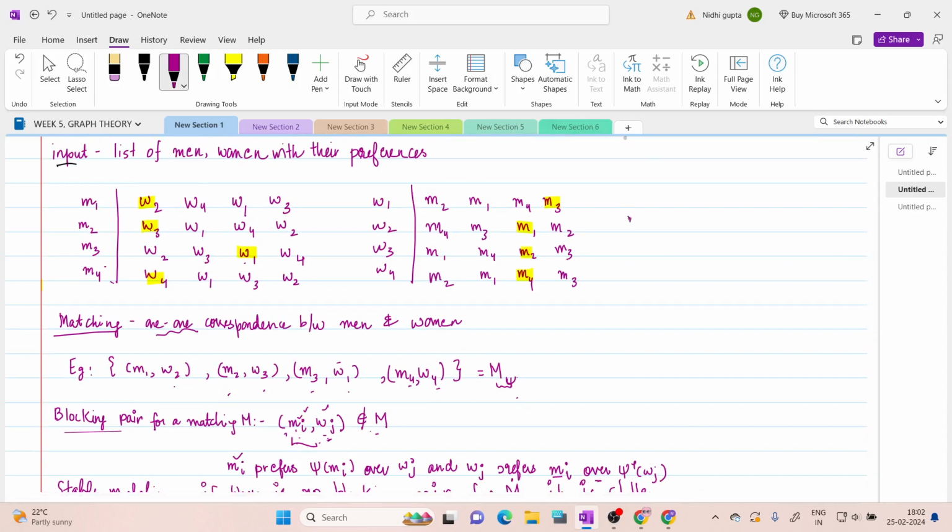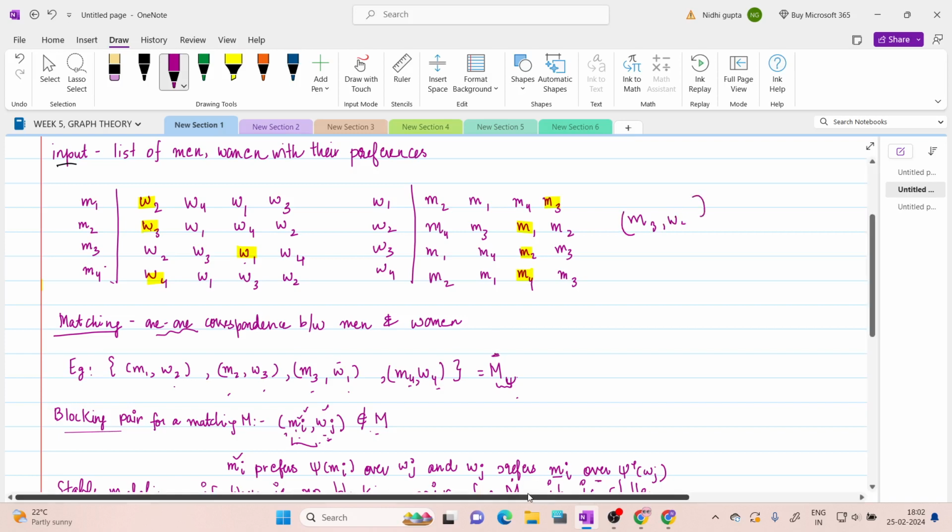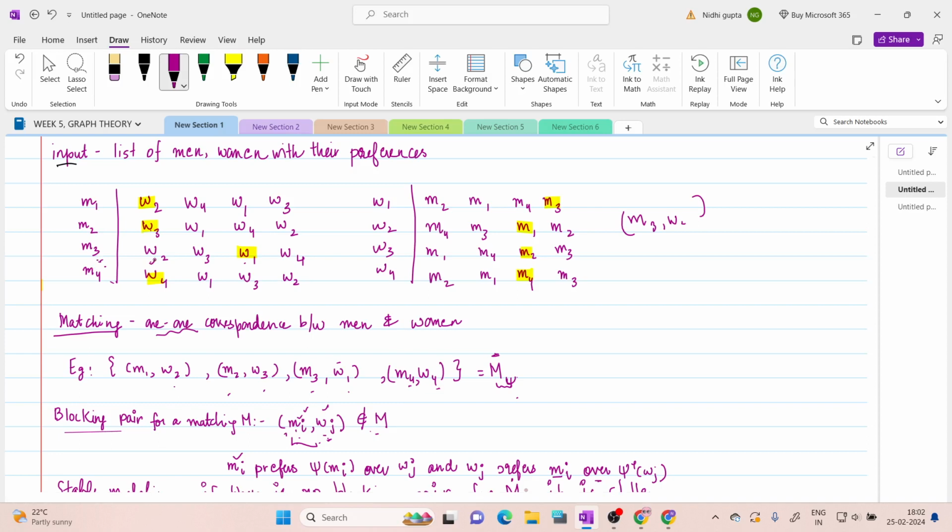If we look at the pair M3 W2, is it a blocking pair with respect to this matching? M3 prefers W2 over W1. But what about W2? W2 also prefers M3 over the man she has been assigned.